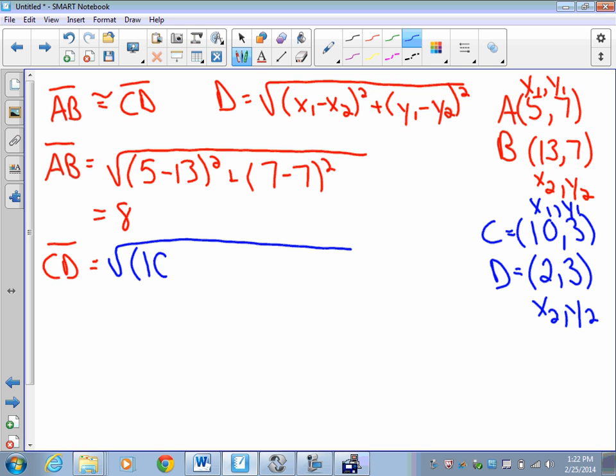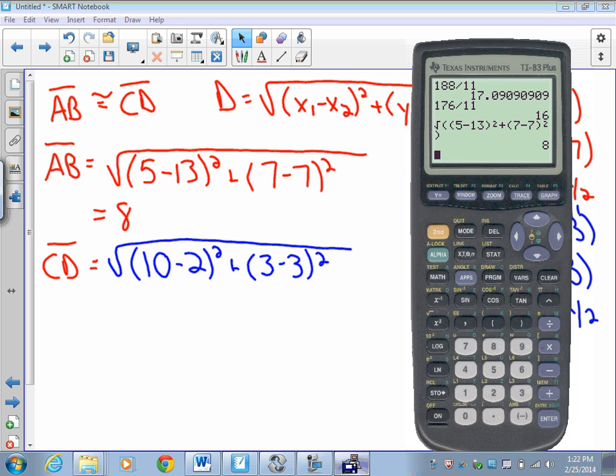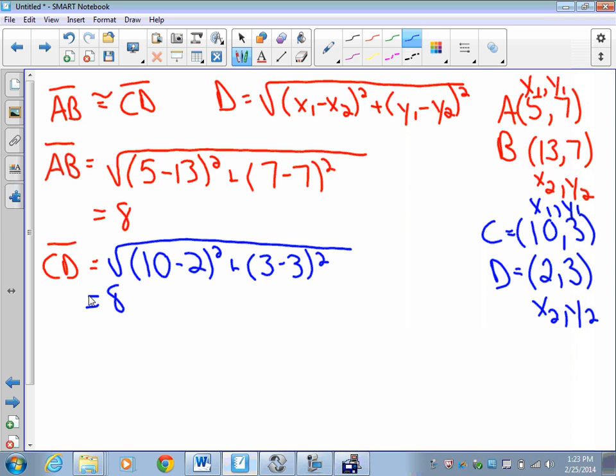Just plugging it in. So we just use the same trick again, where it's not really a trick, we're just entering in what we have. Plus 3 minus 3 squared. And we see that we get 8 again. So those two are equal.